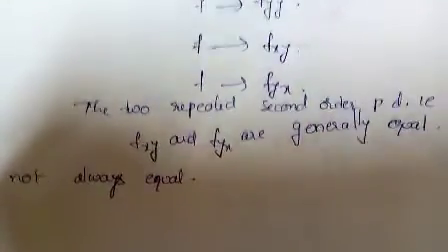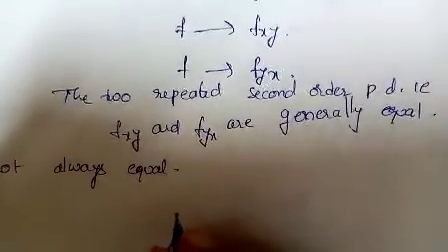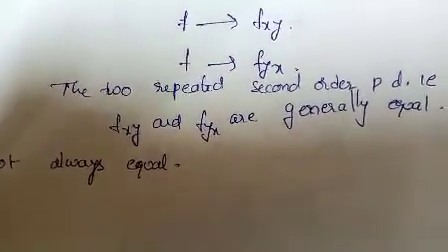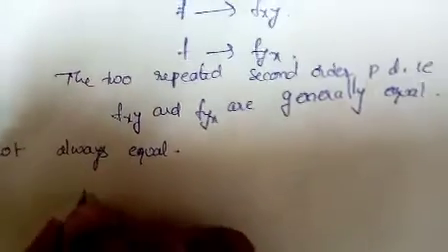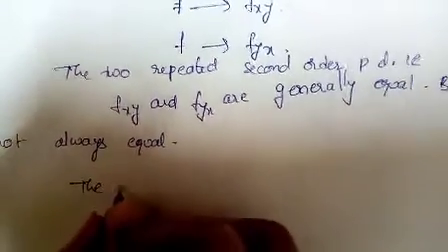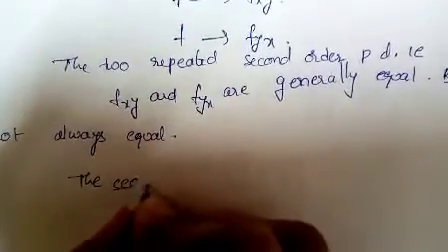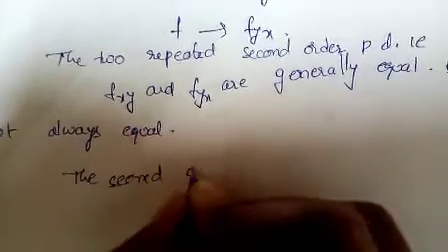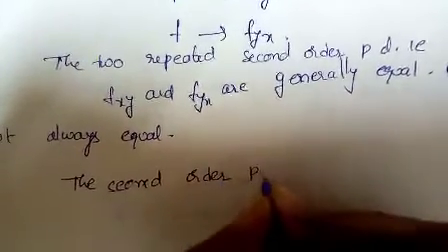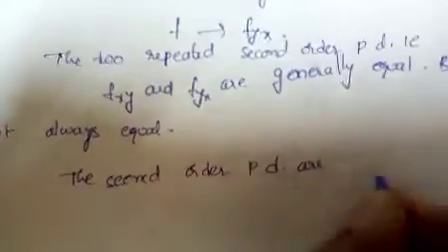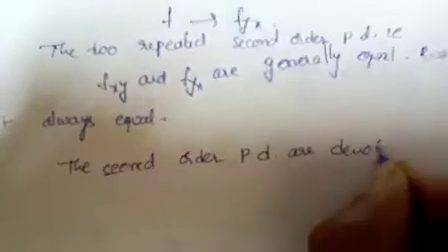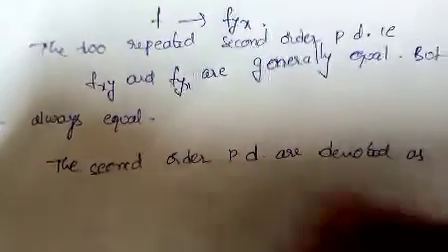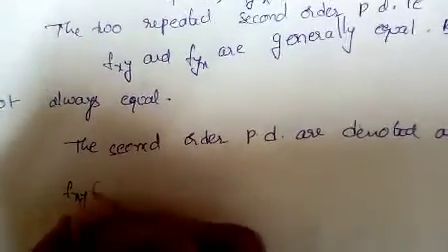So at a particular point a comma b, the second order partial derivatives are denoted as fxy of a comma b.